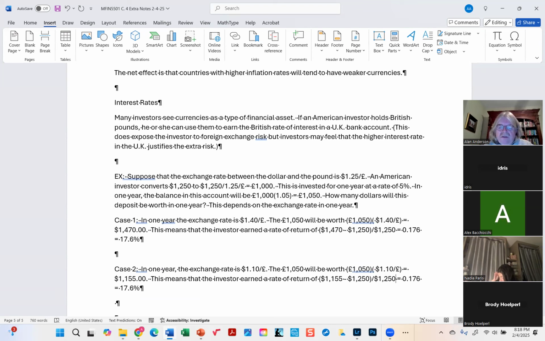Wow, that hurts. So even though you made a 5% rate of return from your British bank account, it doesn't matter because you got wiped out by the change in the exchange rate. And so you end up with a loss of 0.076. In other words, you actually have 7.6% fewer dollars than you had before.